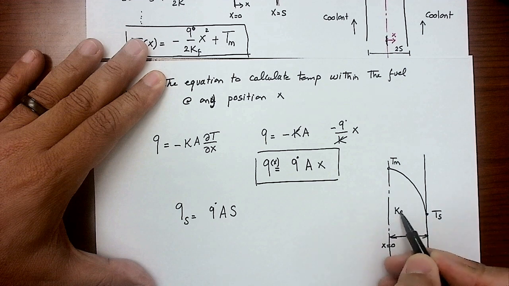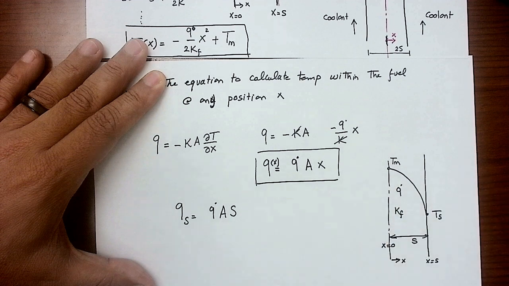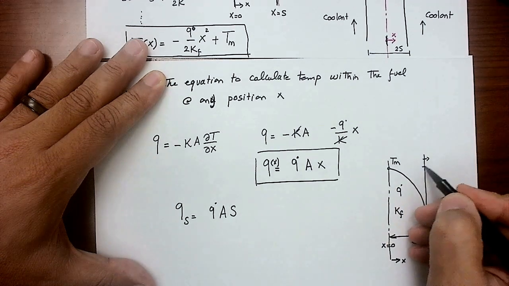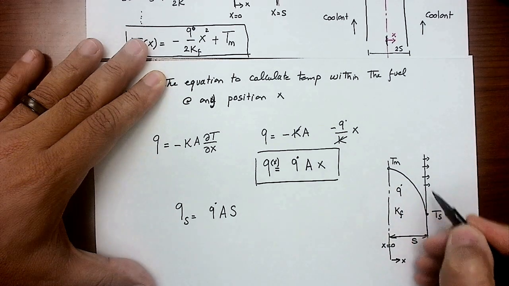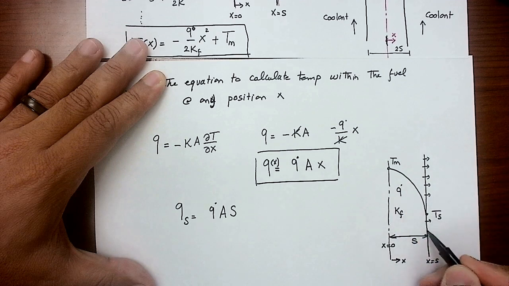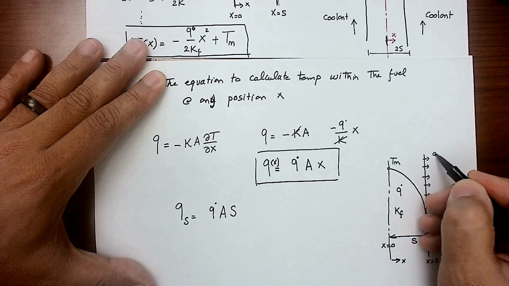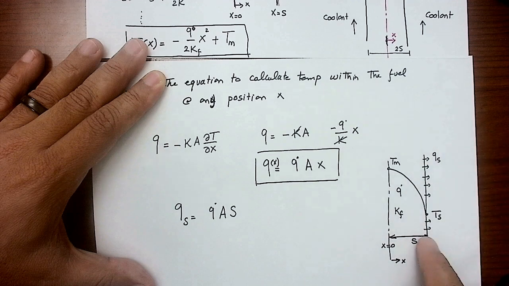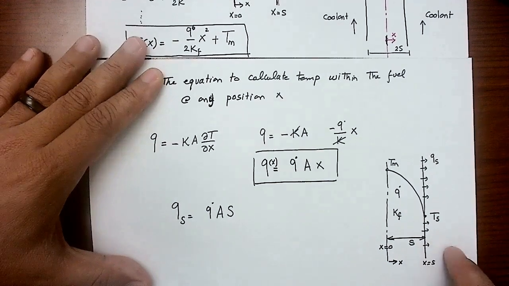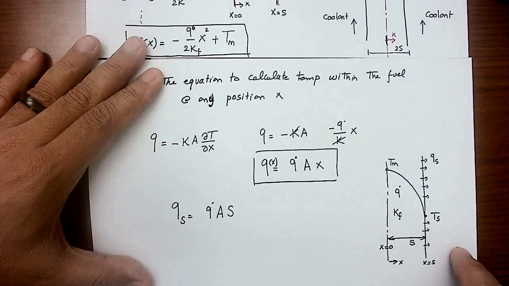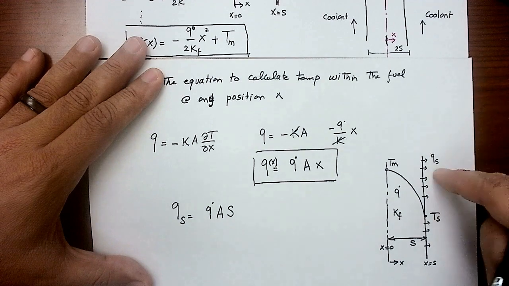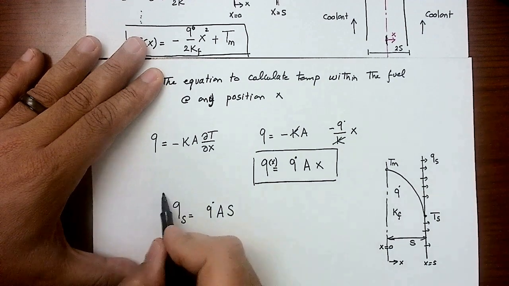We call that K of the fuel, and that has a Q dot. Then I'm interested in the QS that's leaving that face, either going to a gas gap, or a cladding, or a coolant. It doesn't matter. I need to know how much energy will leave that face. And this is the answer.